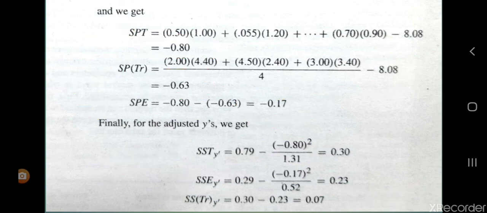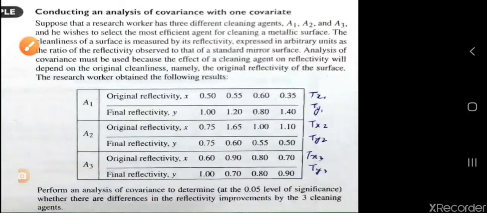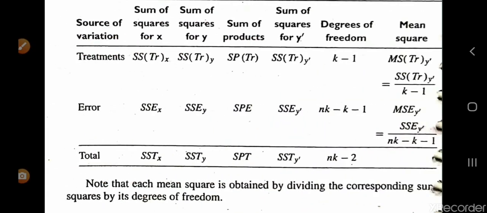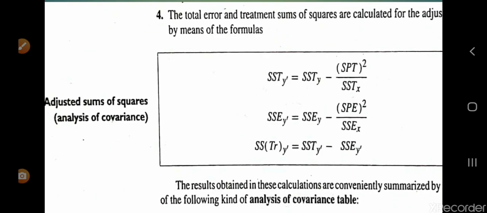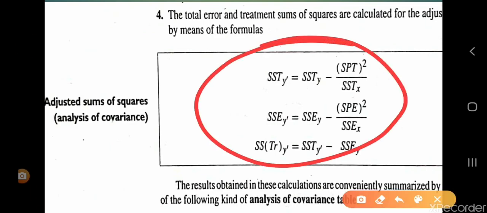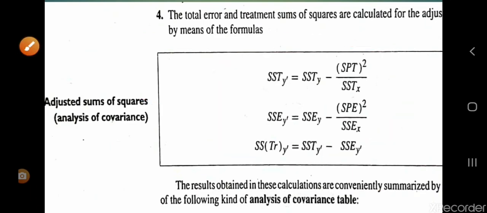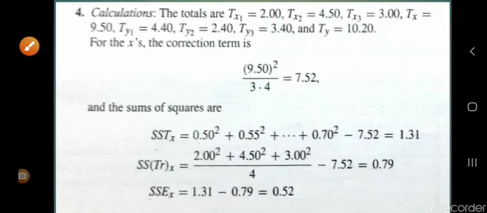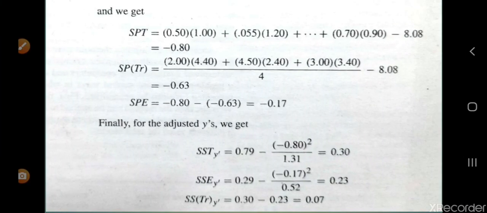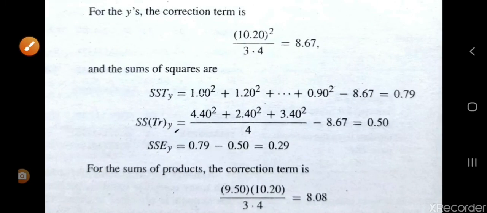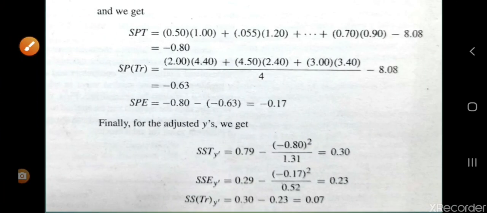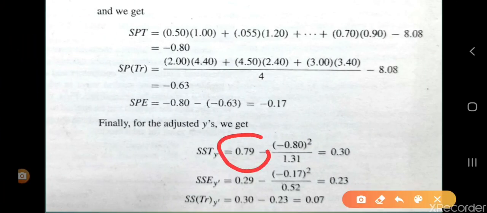So you can use these formulas for adjusted sum of square. We have calculated all these values. This is total sum of square for x.